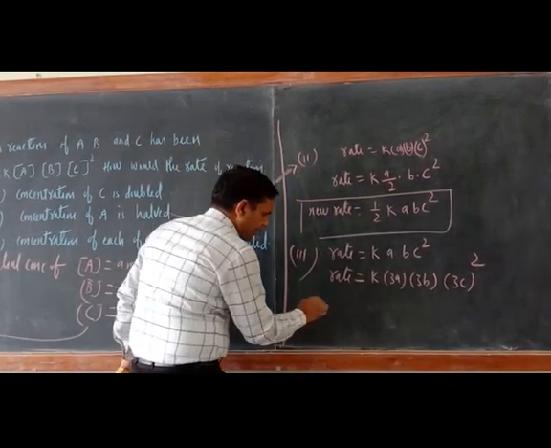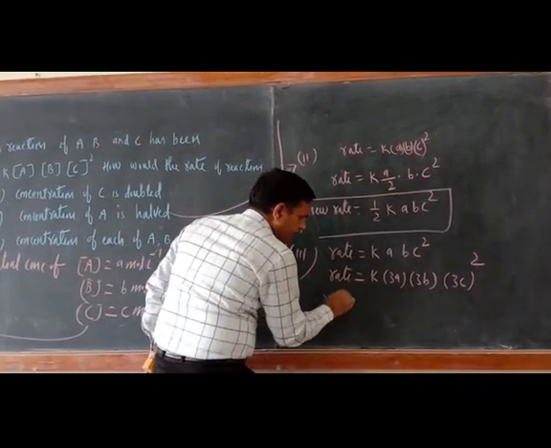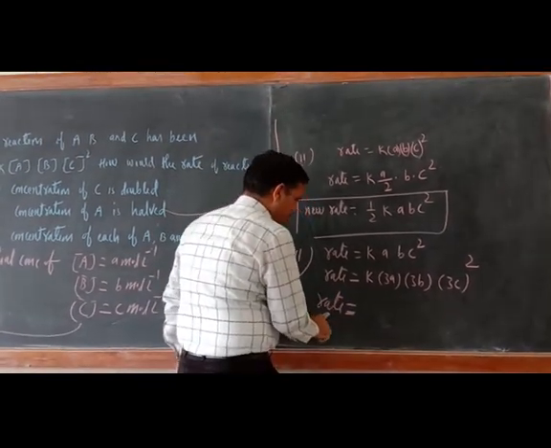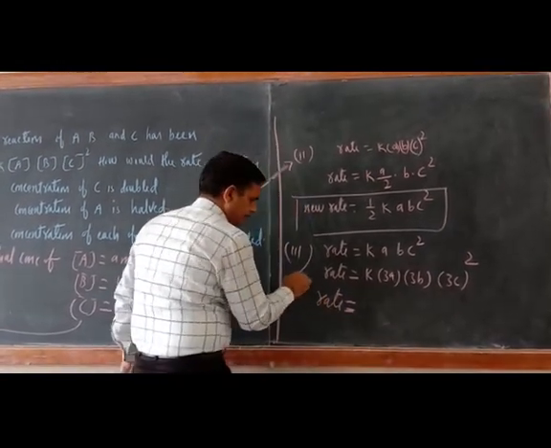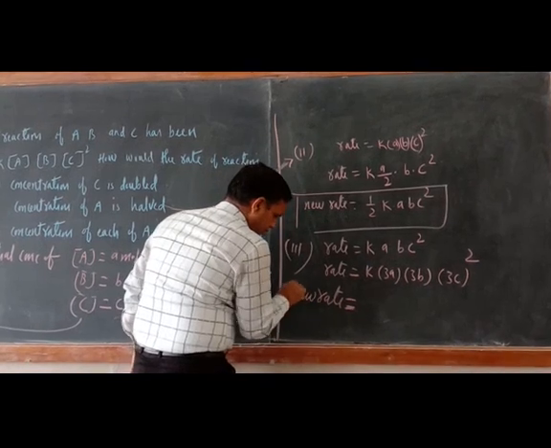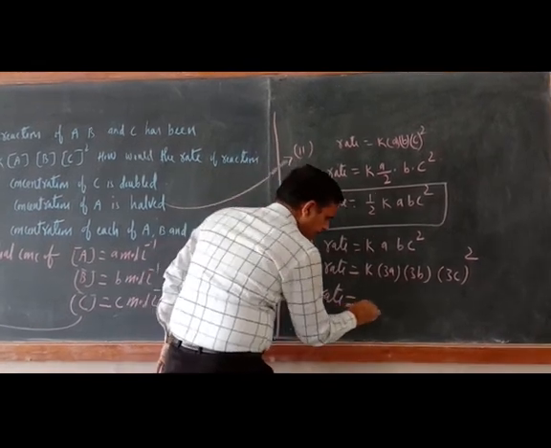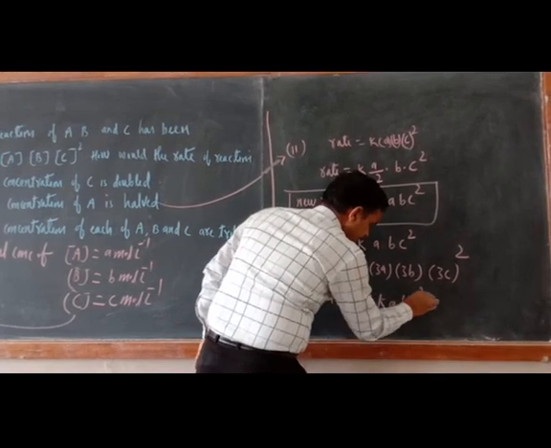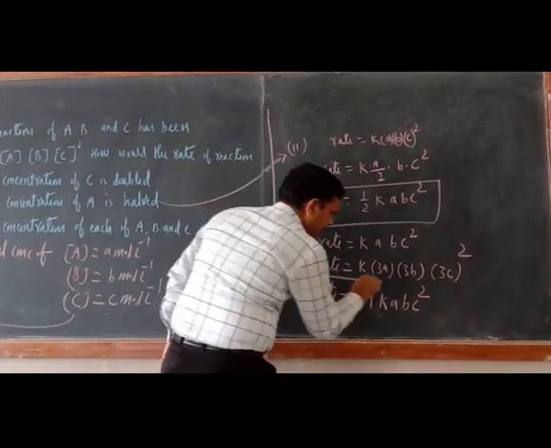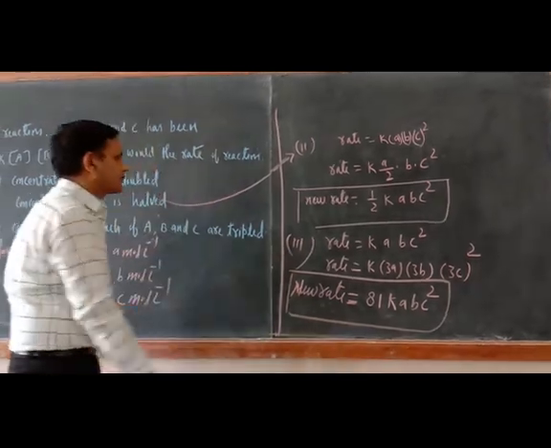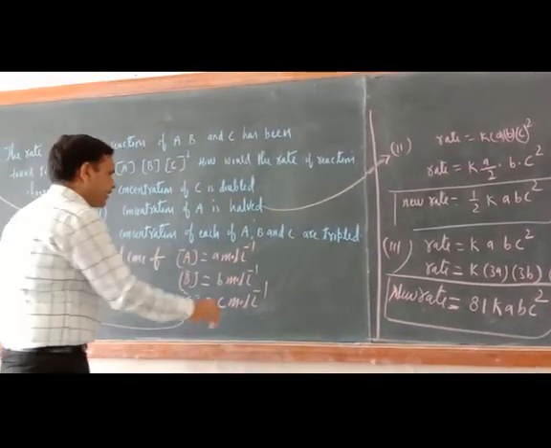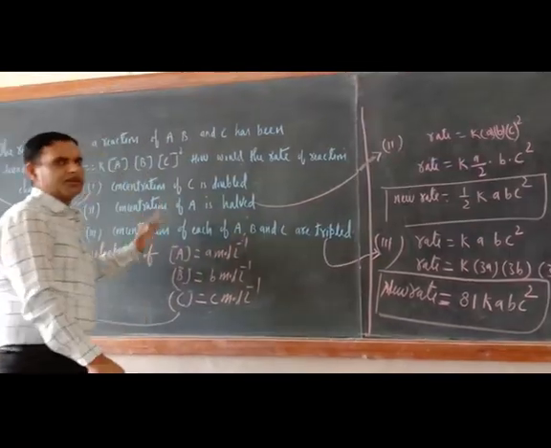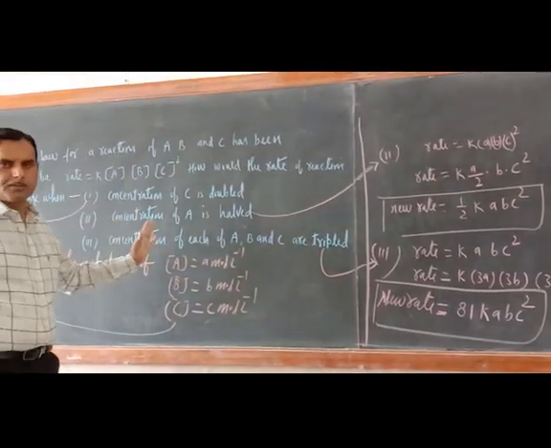So the new rate would be 81 k[A][B][C]^2. So be ready for facing such type of questions also. They are very easy. Now this is the third one.